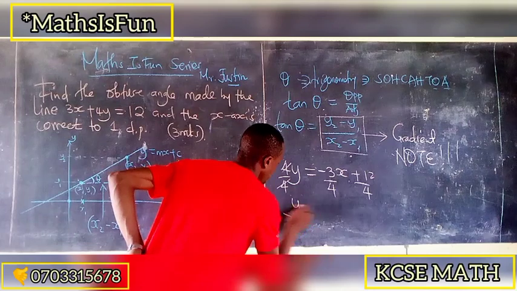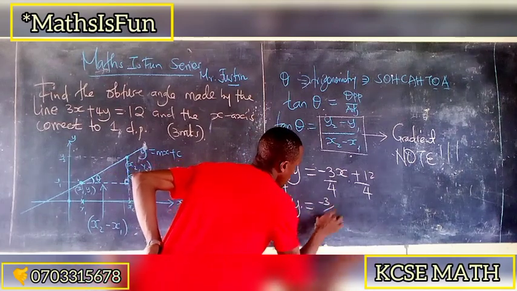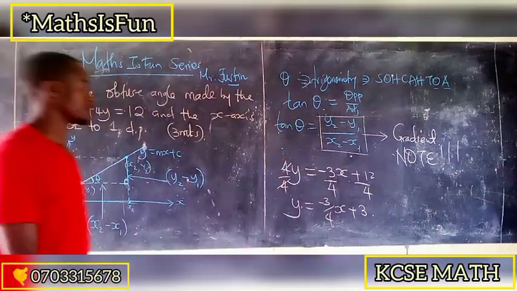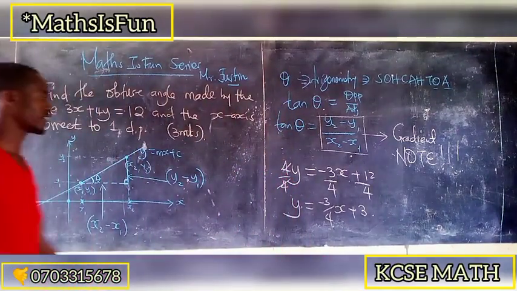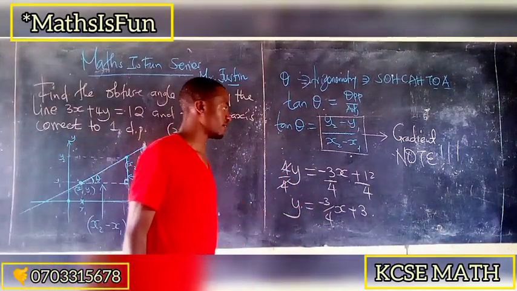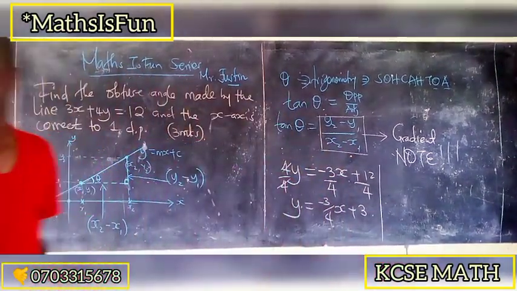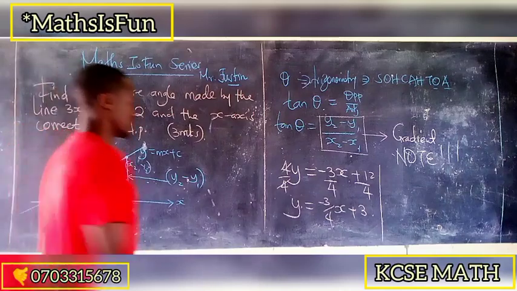So y is equal to negative 3 over 4 x plus 3, so our gradient is negative 3 over 4. Our gradient from that equation is negative 3 over 4.